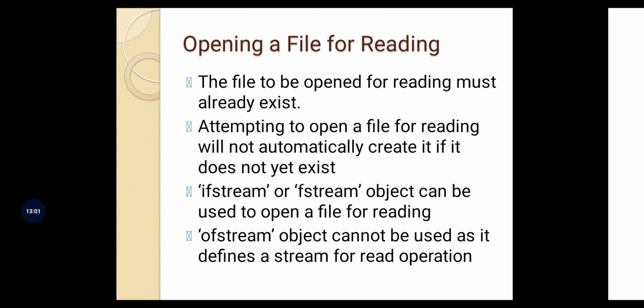So in order to read from a file, you can either use the ifstream class or you can use the fstream class. Now fstream is a common class that you can use for both read and write. ofstream object cannot be used because it is a stream class for only the write operations, right? I think this is pretty much clear.